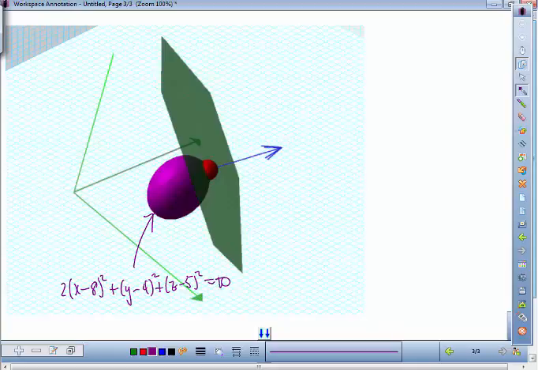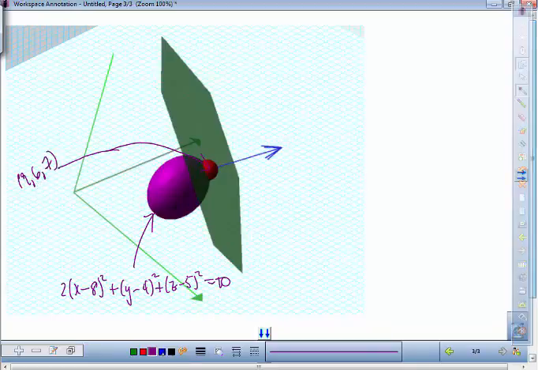We have the point that was given to us, 9, 6, 7. We found a vector, your gradient, which also happens to be your normal vector.